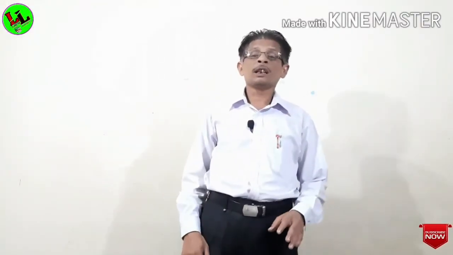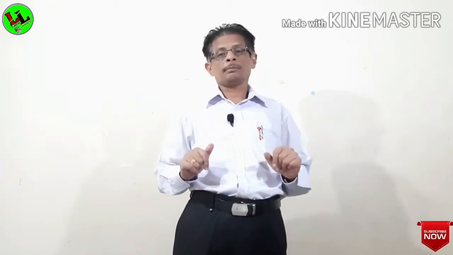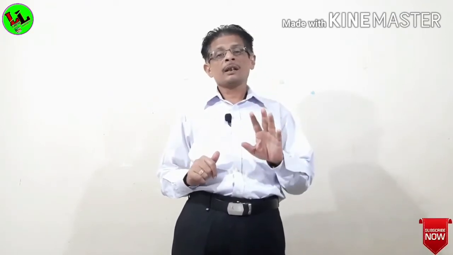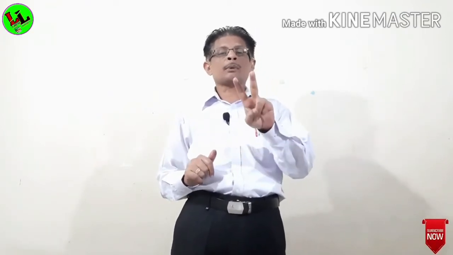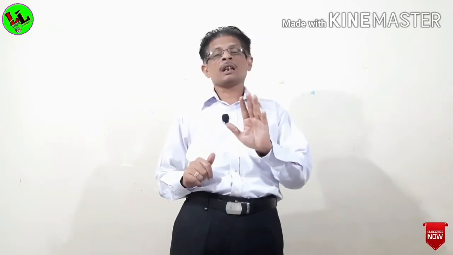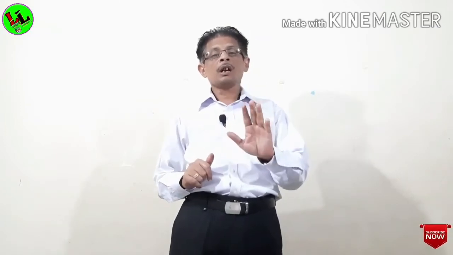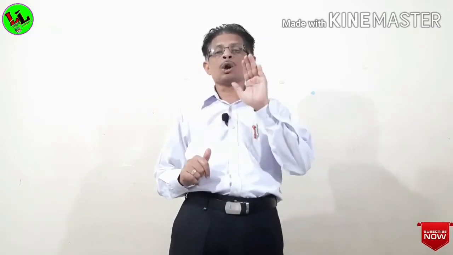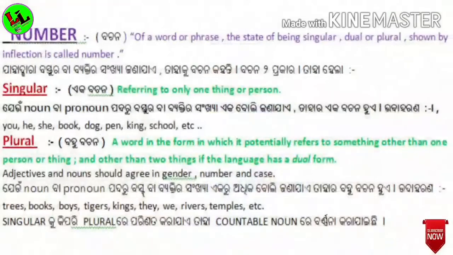Now we will discuss number. In English there are two types of numbers, and we will see what is number and what are the two numbers. You see, of a word or phrase, the state of being singular, dual or plural shown by inflection is called number.